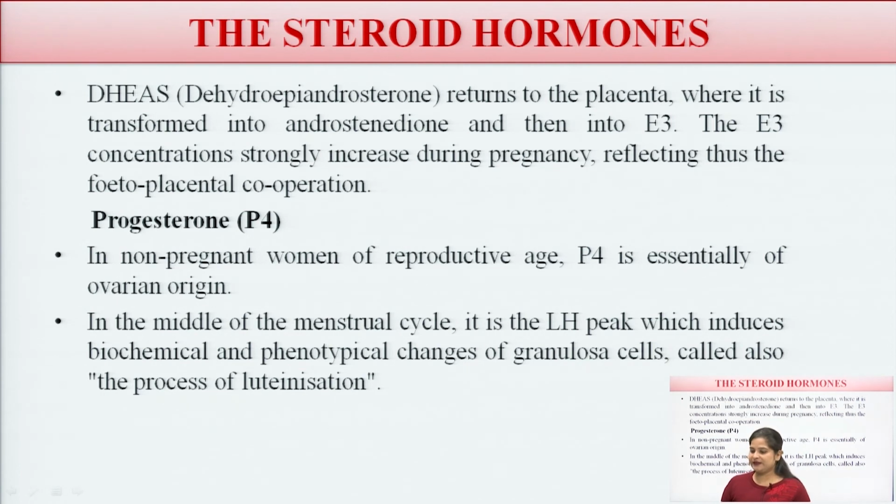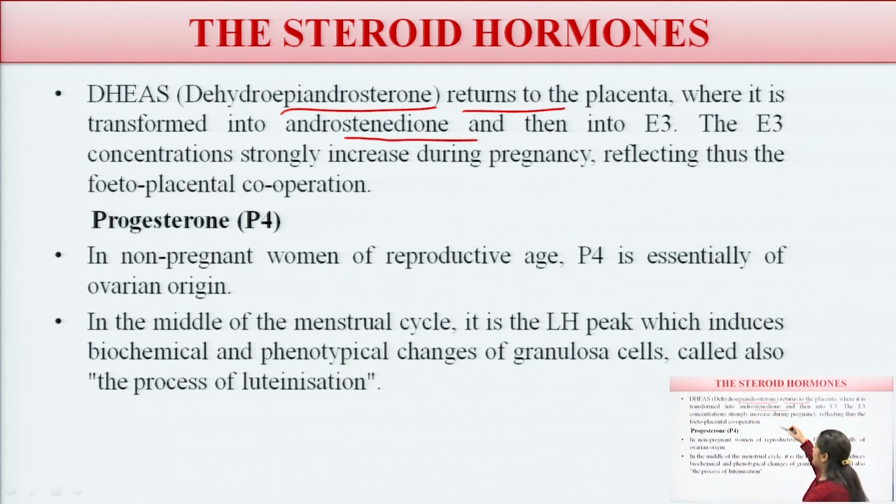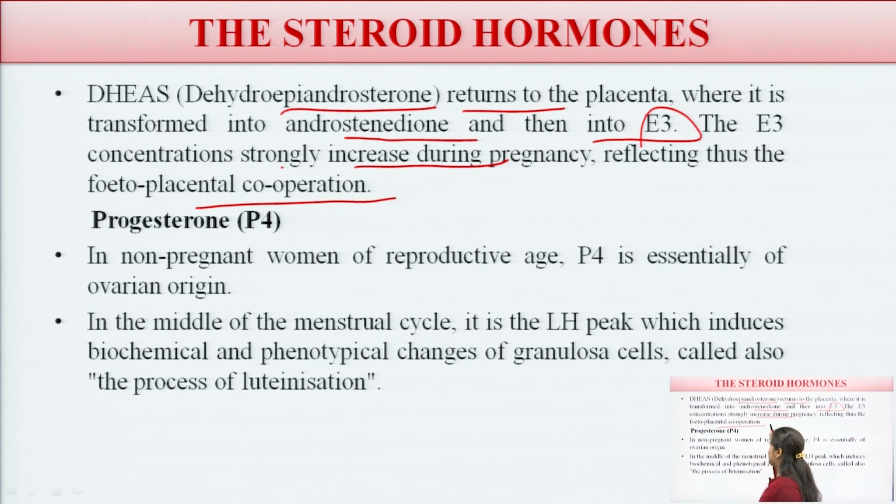Then DHEAS, dehydroepiandrosterone sulfate, returns to the placenta, where it is transformed into androstenedione and into E3. This E3 concentration strongly increases during pregnancy, reflecting the effect of the fetoplacental cooperation.